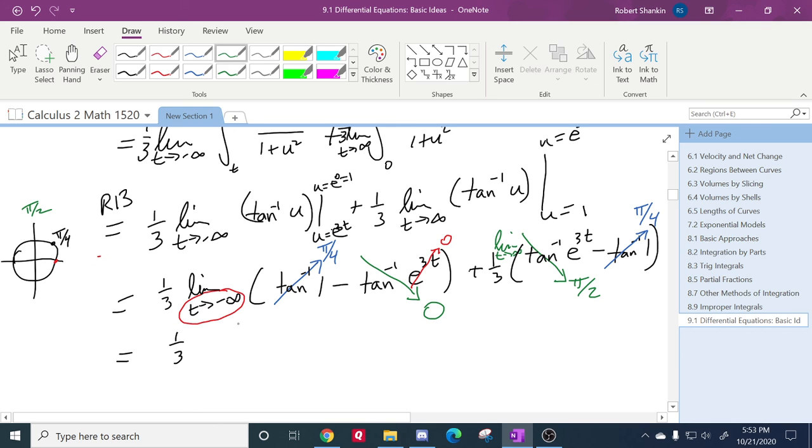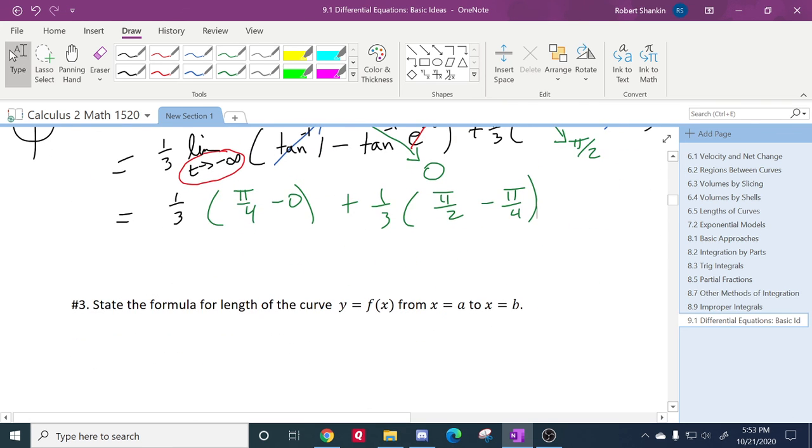So then this becomes 1/3 times pi over 4 minus 0 plus 1/3 times pi over 2 minus pi over 4, and then this becomes equal to pi over 12 plus pi over 2 minus pi over 4.